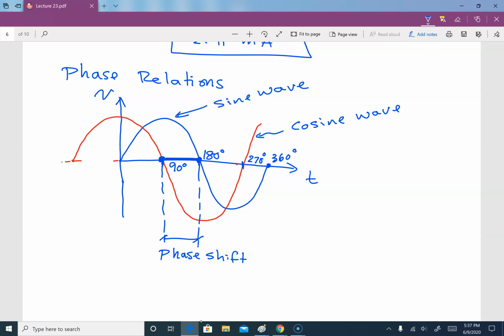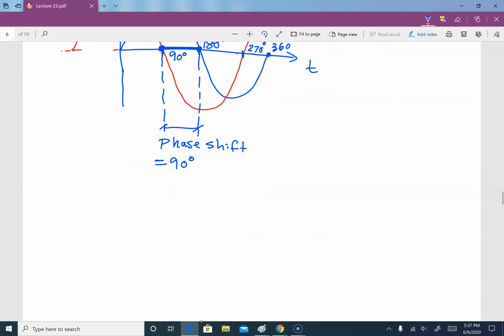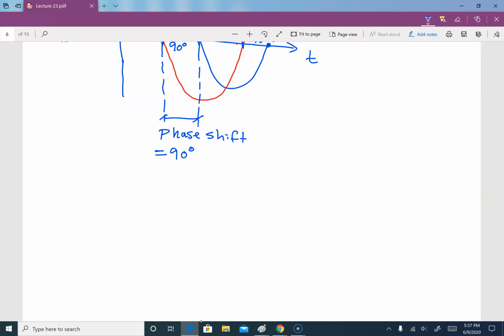And for that case between sine and cosine waves, that is 90 degrees. So our phase shift is equal to 90 degrees. So based on that, we can say sine of omega t plus 90 degrees is equal to cosine of omega t.